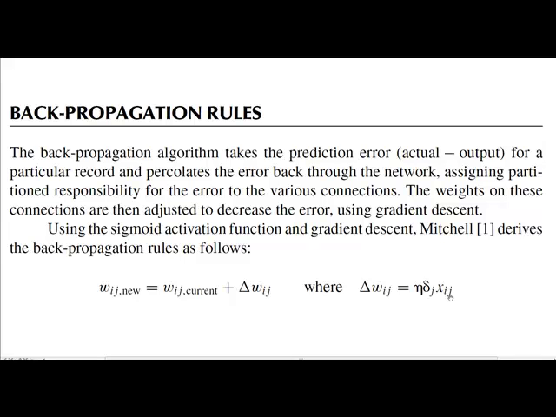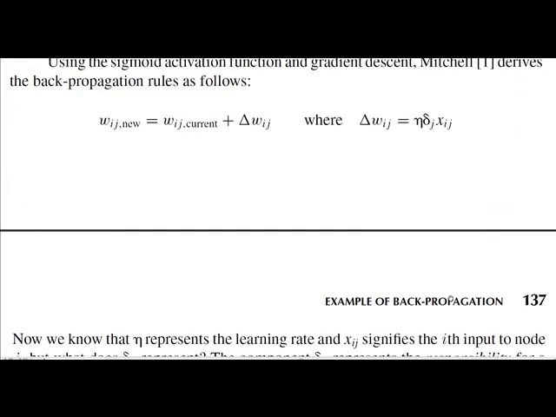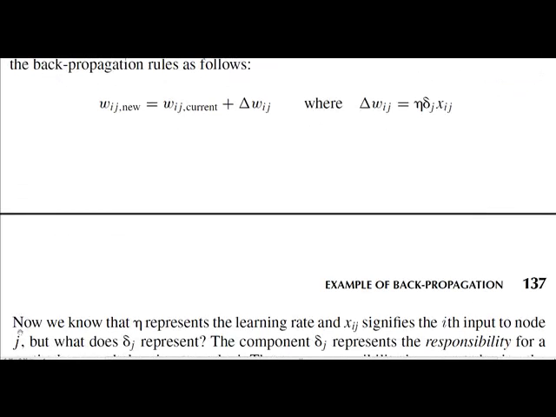Now remember that xij was the value at each node. We know that eta represents the learning rate, and xij signifies the ith input to node j.